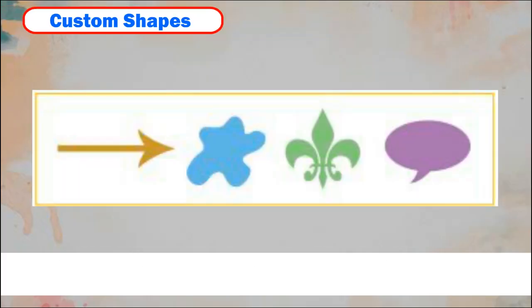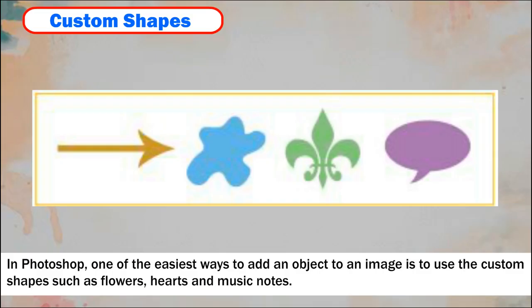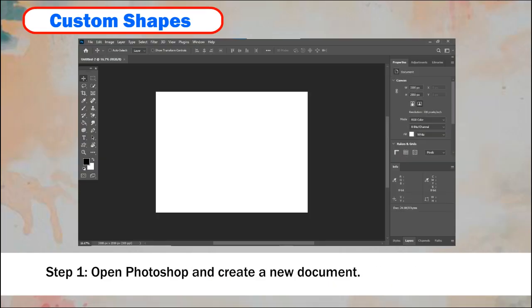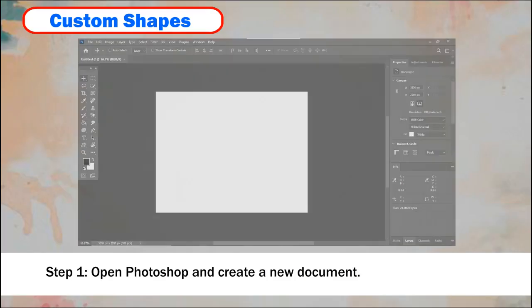Custom shapes. In Photoshop, one of the easiest ways to add an object to an image is to use the custom shapes such as flowers, hearts, and music notes. The Custom Shape tool is used to draw custom shapes. To draw a custom shape, you may follow these steps. Step 1. Open Photoshop and create a new document.